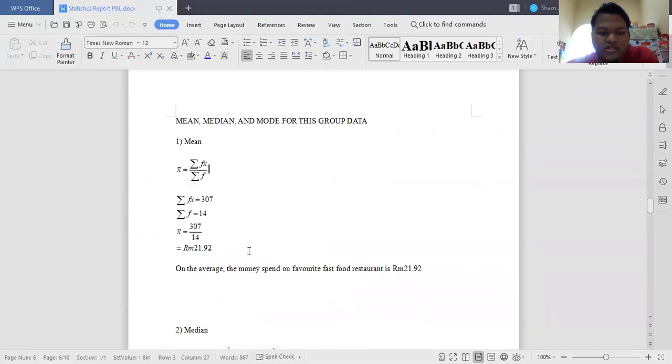So we calculate and the total is RM21.92. This means that on average the money spent on the favorite fast food restaurant is RM21.92.